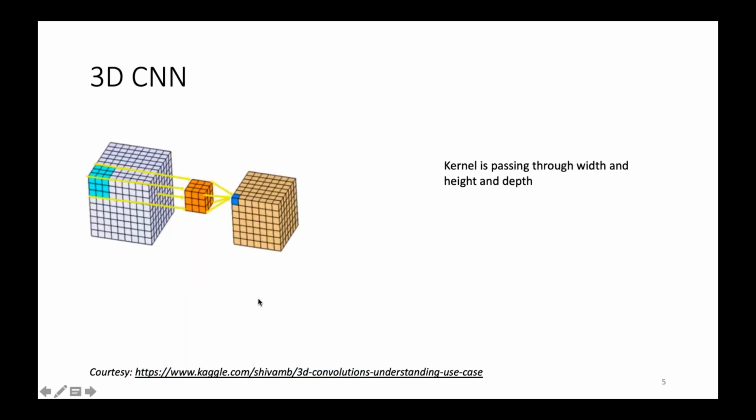So what is a 3D CNN? Suppose we have a three-dimensional image. The fundamental unit of a 2D image is a pixel, whereas the fundamental unit of a 3D image is a voxel.